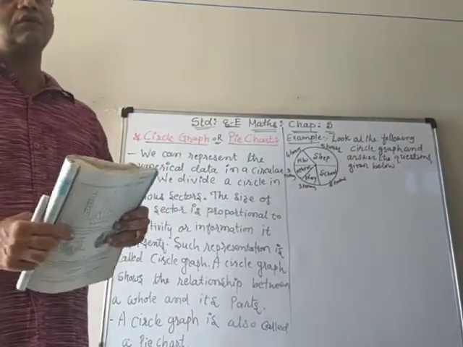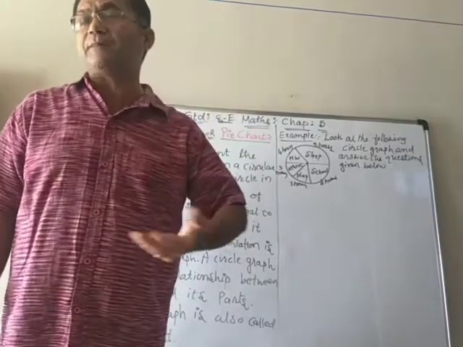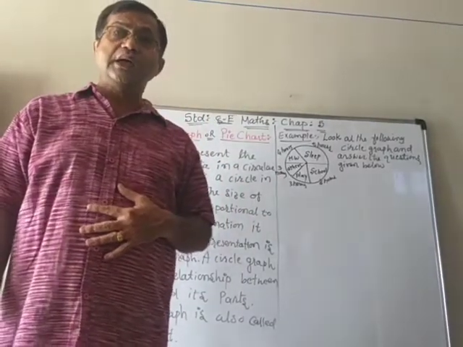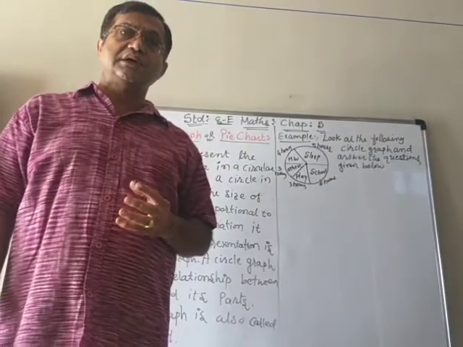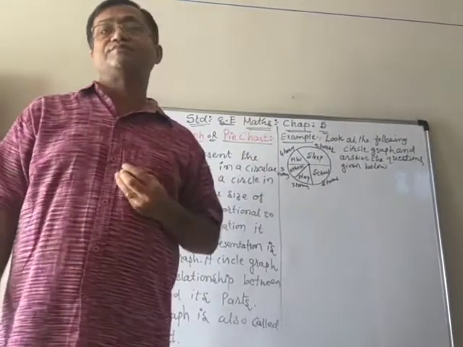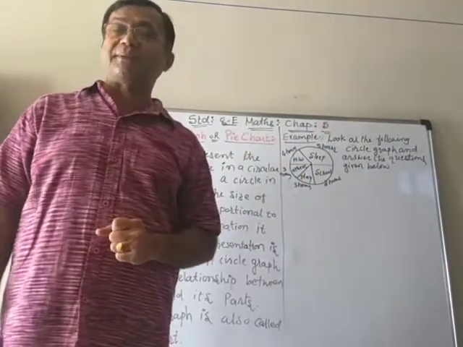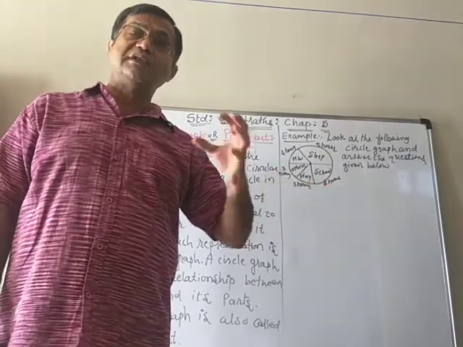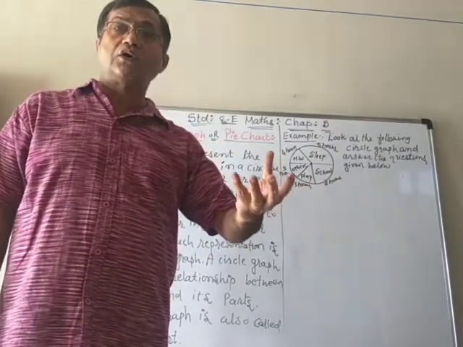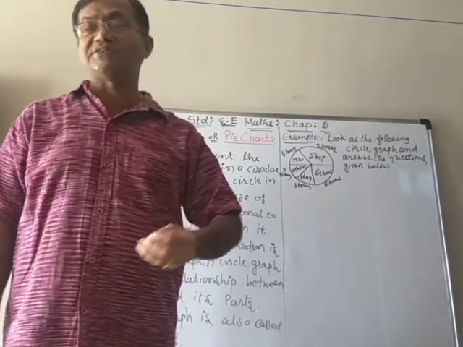Now, first of all, we learn how to understand a pie chart. Means if the pie chart is given, how can we understand it? That we will understand with the help of an example. And then we will learn how to draw a pie chart from the given information.